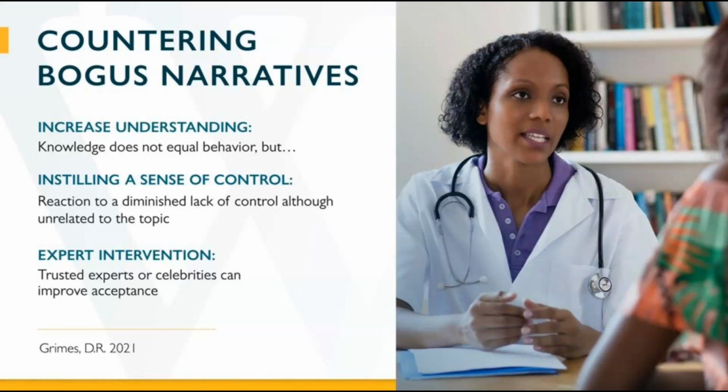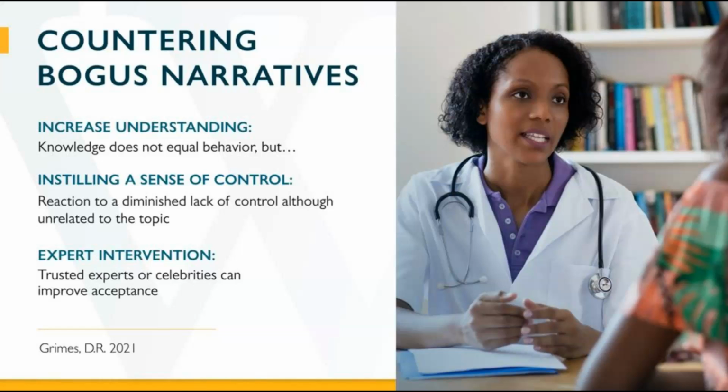And we see statistics like that and we say, oh, okay, well, it's those who have low health literacy levels. But we also know that's not the case because we have a group of reasonably educated people who are also buying into these bogus narratives. So this has some merit, but it's not the total answer. The second, instilling a sense of control.